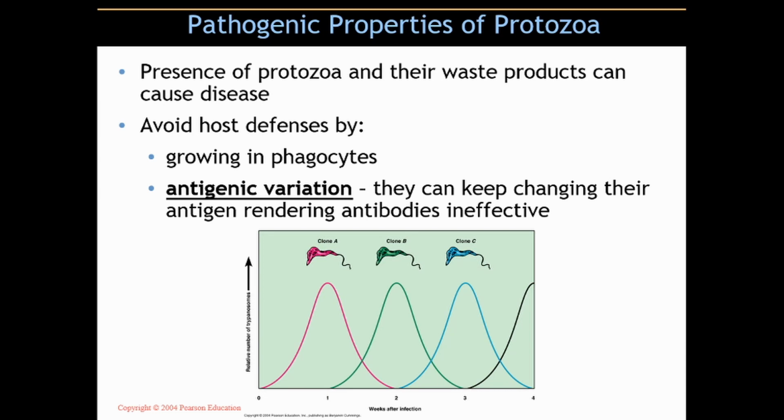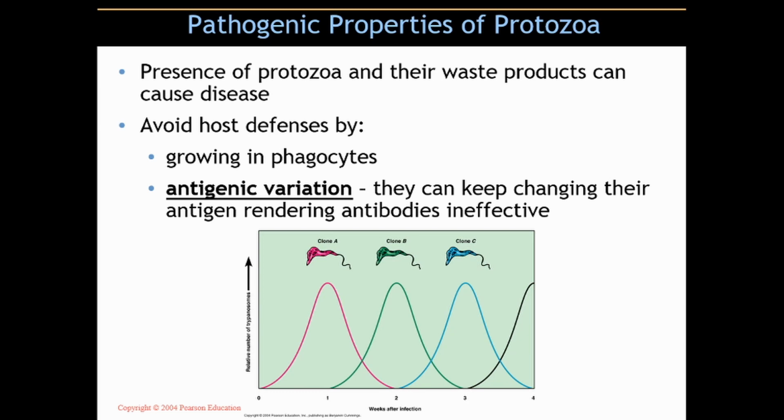The main one, and why I said one, that's the one that I wanted to highlight, was antigenic variation, and so what I have here in this example is supposed to be what are called trypanosomes, specifically with a particular protozoan disease called African sleeping sickness or African trypanosomiasis.